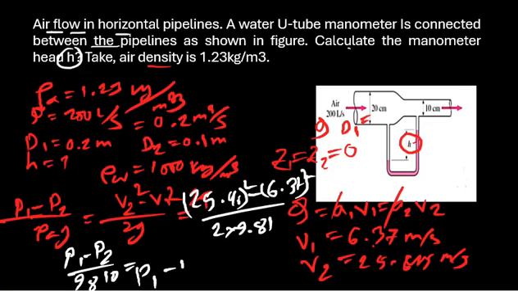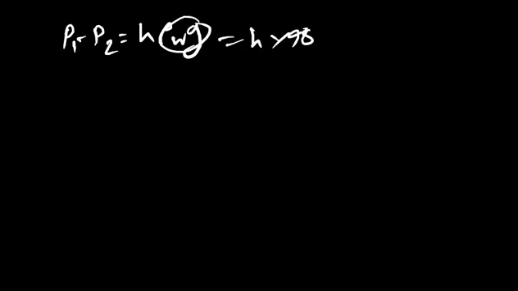We will get P1 minus P2, and after calculating, P1 minus P2 will be this value. But one important thing: we know the pressure difference, and P1 minus P2 equals h times rho of water times g.